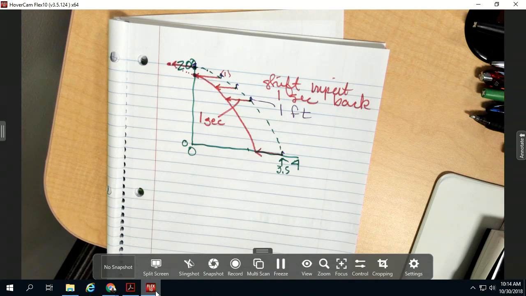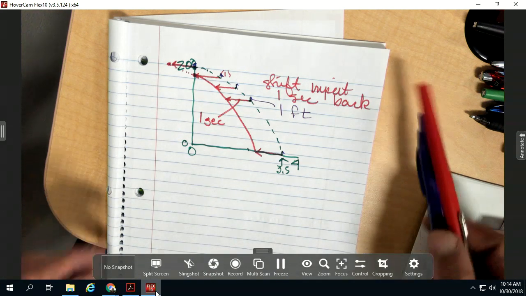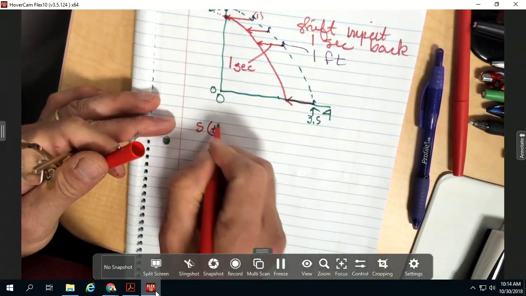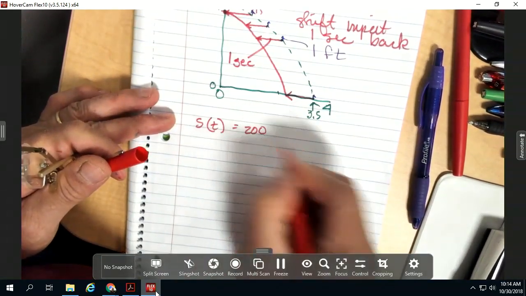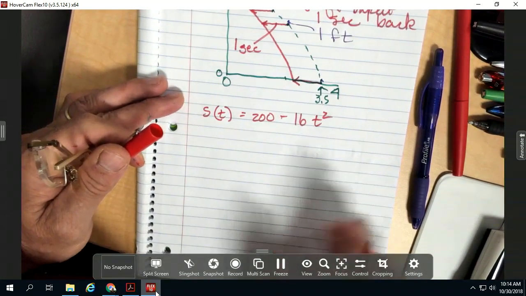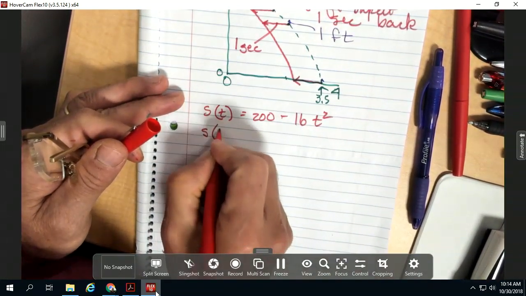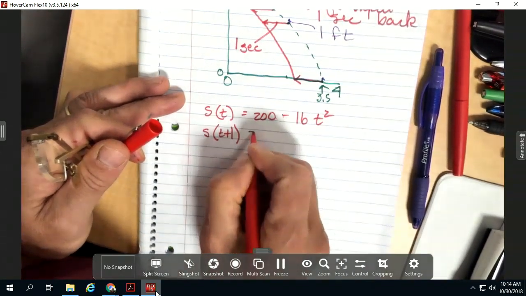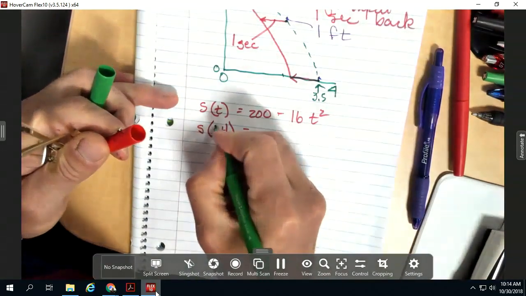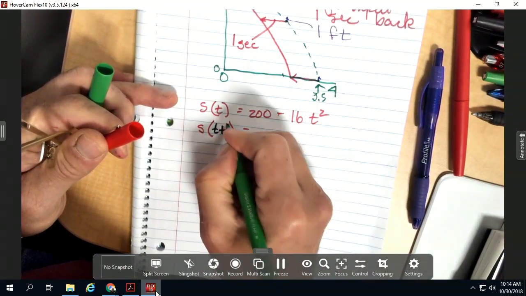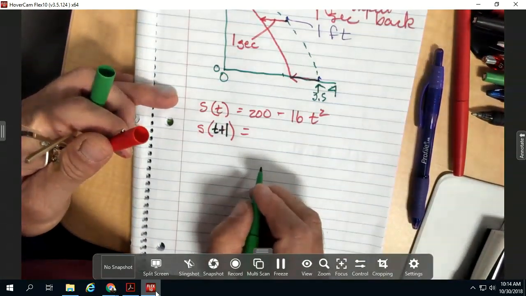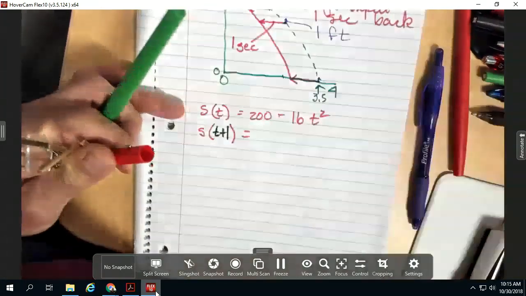Let's look at page 30. Our original equation was S of t is 200 minus 16 t squared. So in our equation, wherever we see t, we are going to write something different.